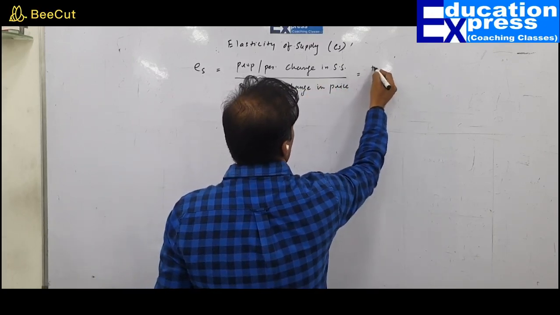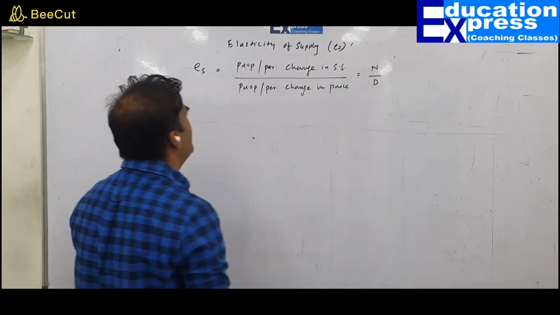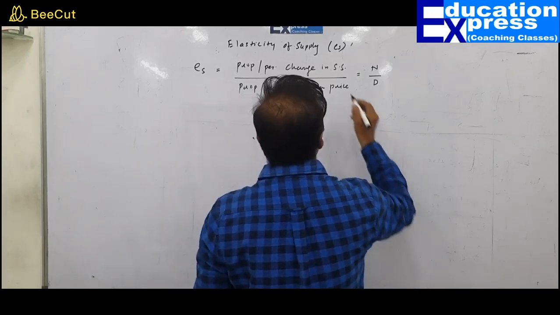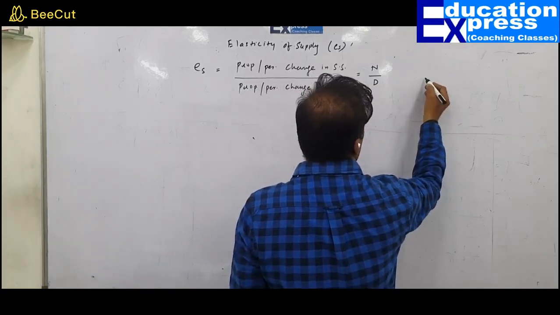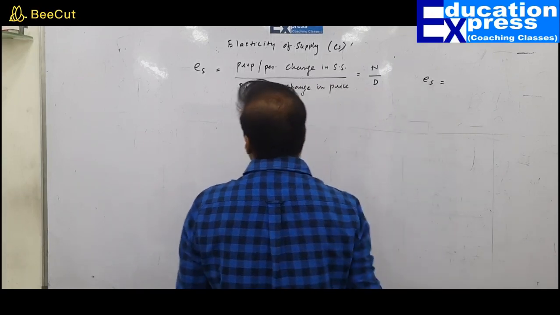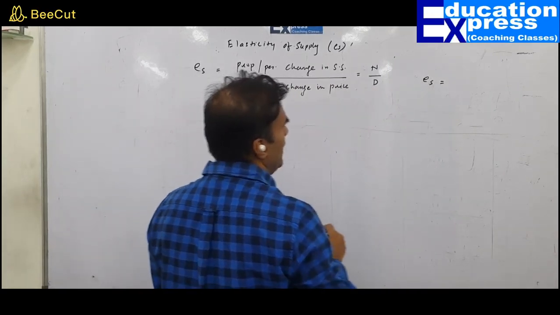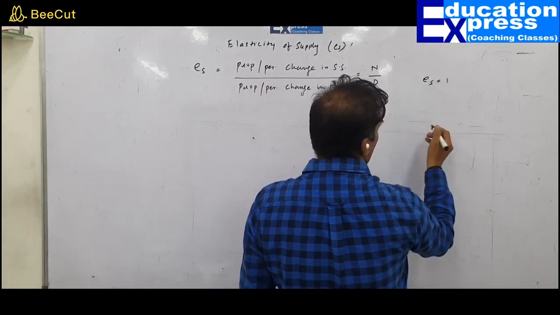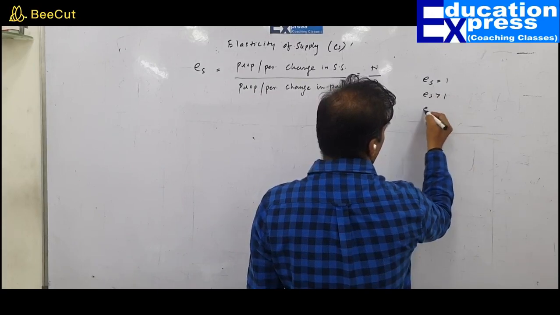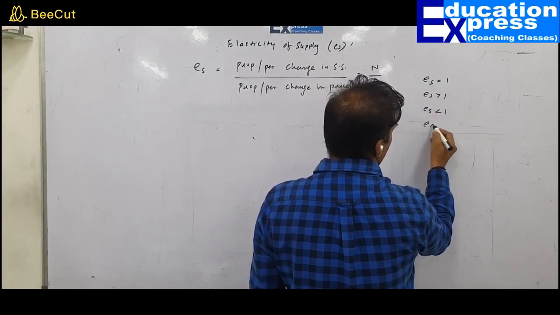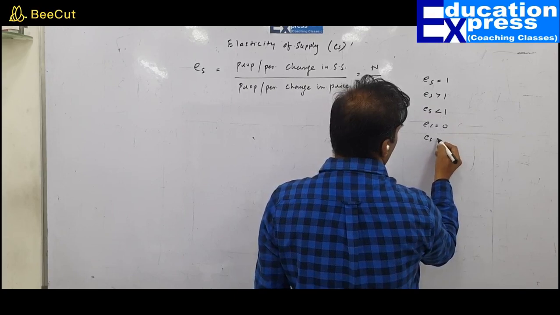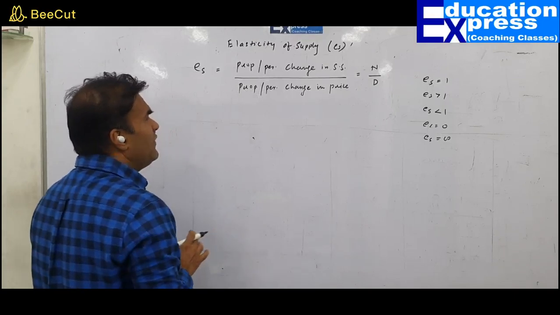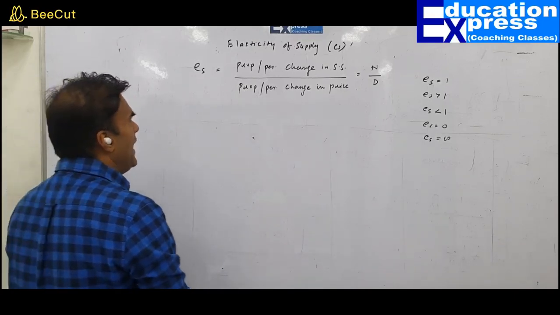I call this the numerator and this the denominator. As we have seen in case of elasticity of demand, the possible values of elasticity of supply are: equal to 1, greater than 1, less than 1, equal to 0, and equal to infinity. We are going to discuss each of them at length with the help of diagrams.